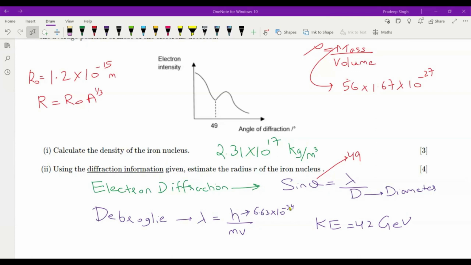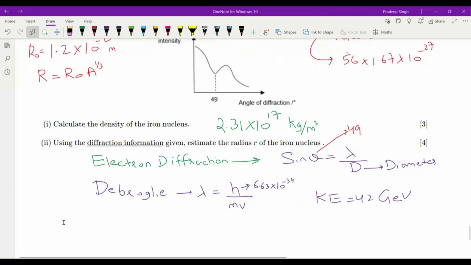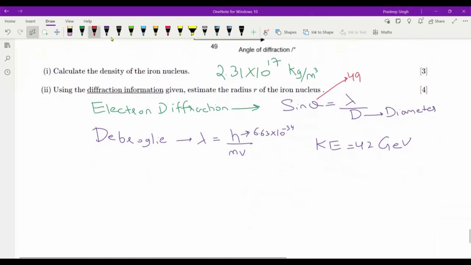So I'm getting 1.74 into 10 to the power minus 17. Okay, close. So tell me the steps. I did h by mv divided by sine 49. First, what is the value of your lambda? I got 2.50 something into 10 to the power minus 17.